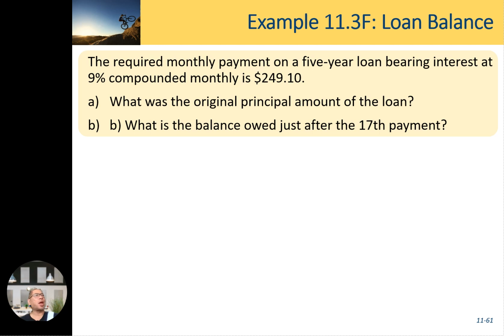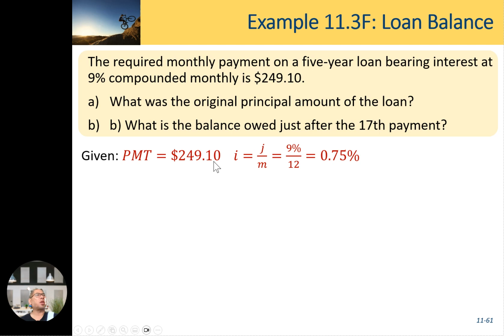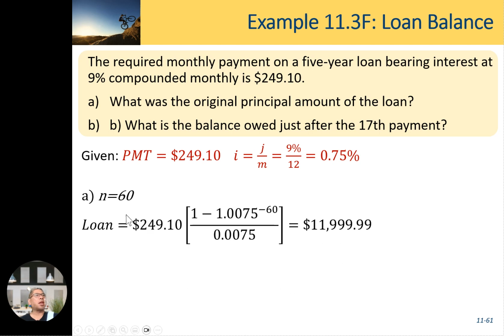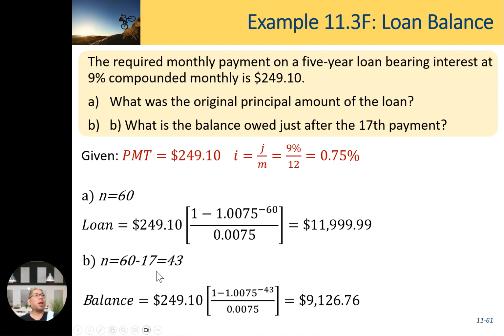So once you do that, you're going to put in the key numbers. PMT is 249, I is 9% divided by 12, which is 0.75. Then you calculate piece by piece. N equals 60, so you plug in the number 60 here. You get 11,999.99. Then the second part: n equals 60 minus 17, you get 43.